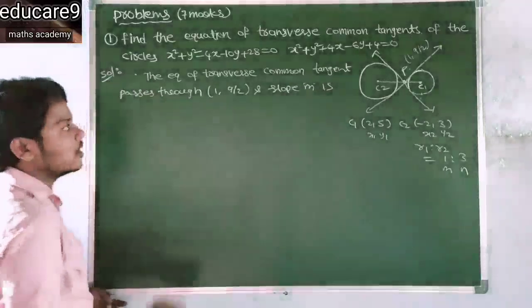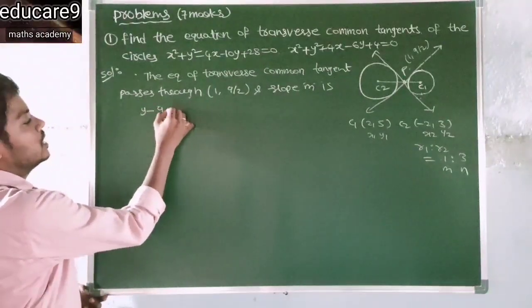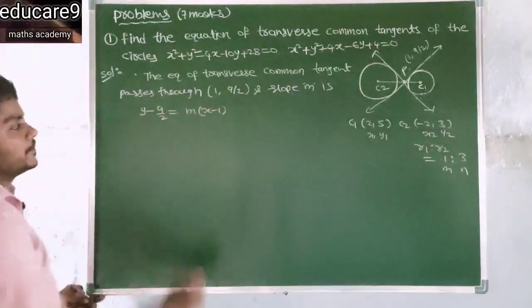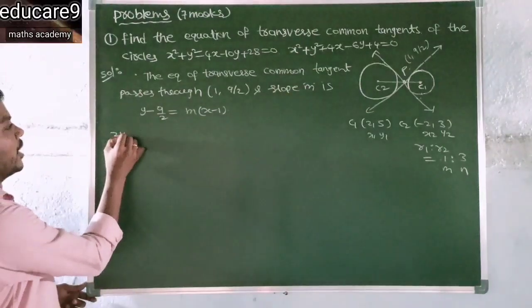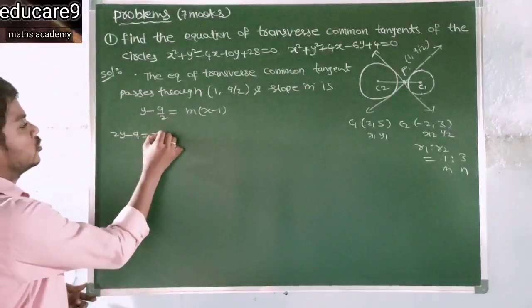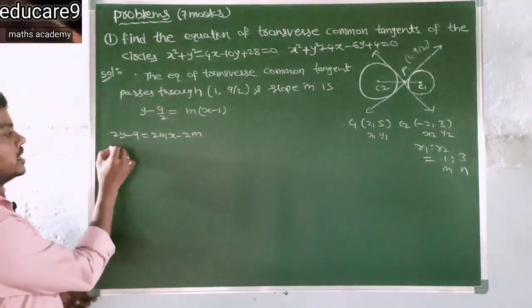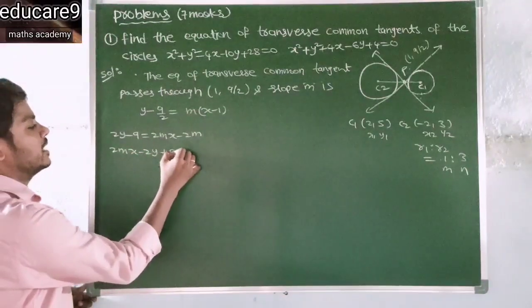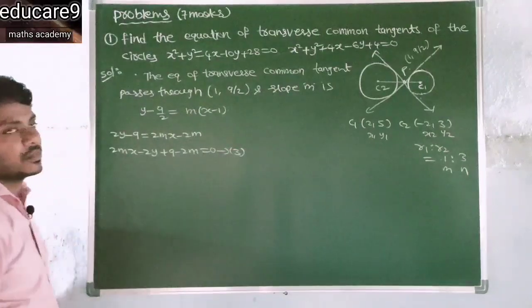Y minus y1, that is y minus 9 by 2 is equal to m into x minus x1, that is 1. Now this is 2y minus 9 equals 2mx minus 2m. Now this is 2mx minus 2y plus 9 minus 2m equals 0. This is equation 3.